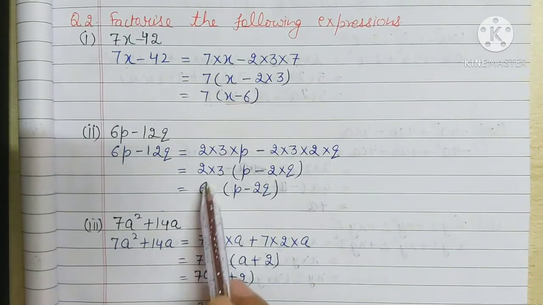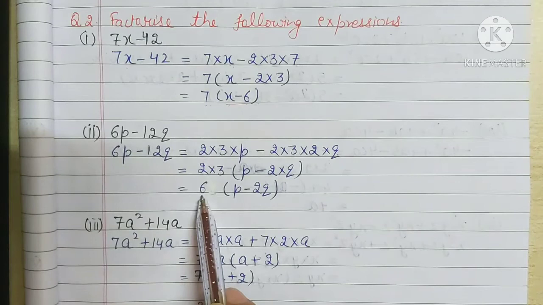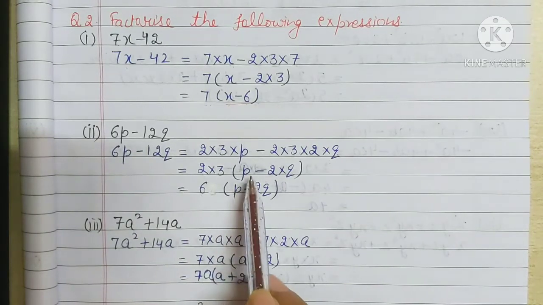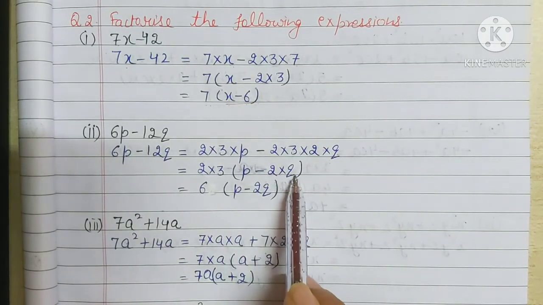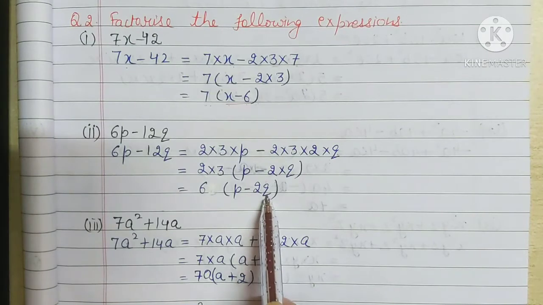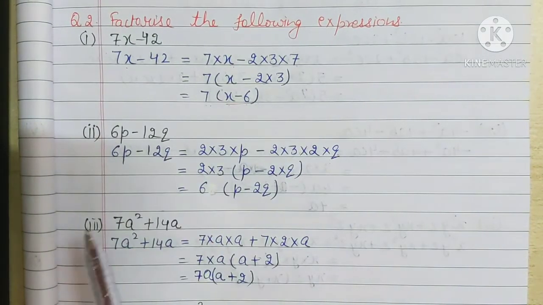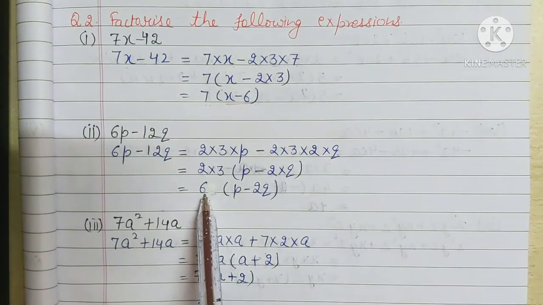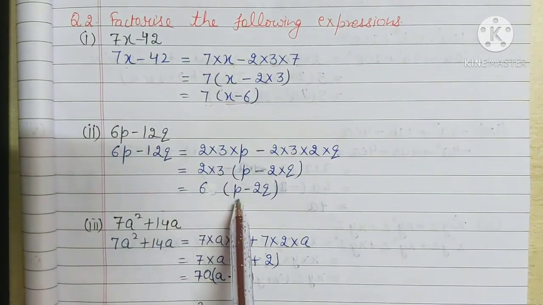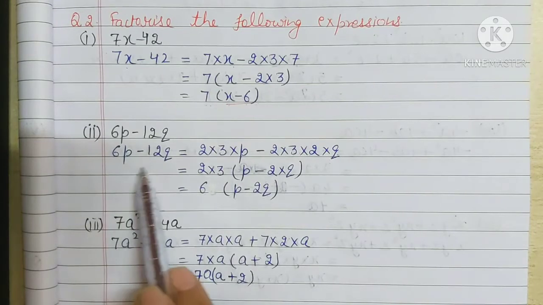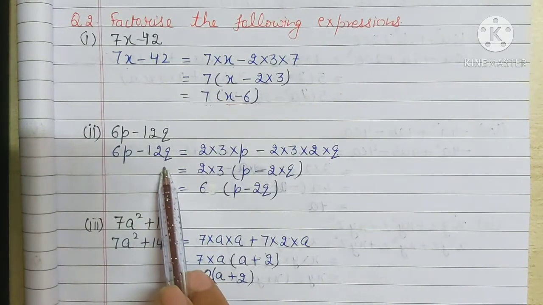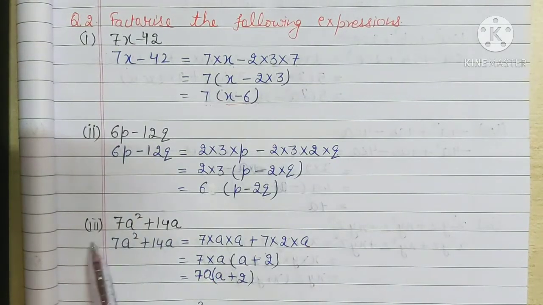And at the end I can write 2 multiply 3 is 6. Bracket p minus 2 multiply q, which I can write as 2q. So this is the factorization of this expression. There are two factors: 6 is a factor of this expression as well as p minus 2q is a factor of this expression.